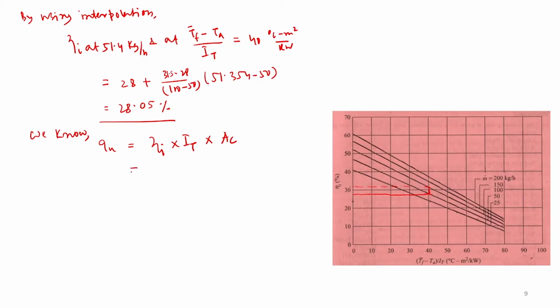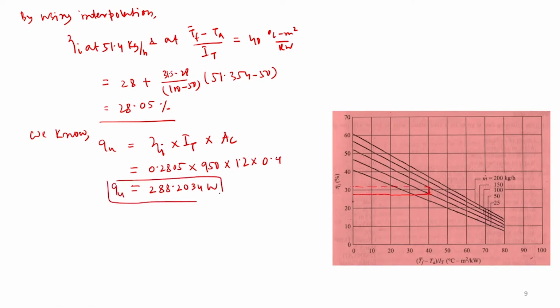And if we substitute the values of eta I, which is equal to 0.2805 multiplied by IT, IT is about 950, then AC is about 1.2 and 0.9, which is equal to 288.2034, okay, to be precise. So, that much of what we will get is QU, right.